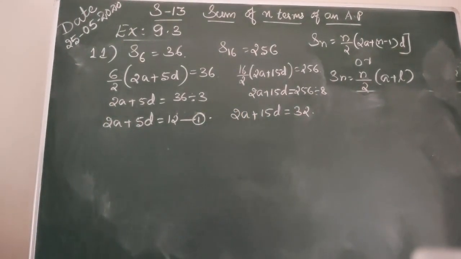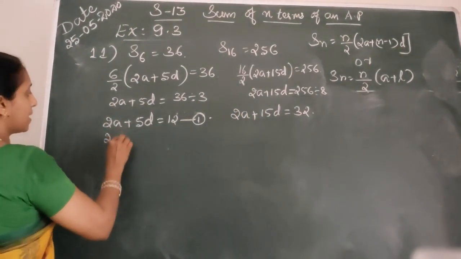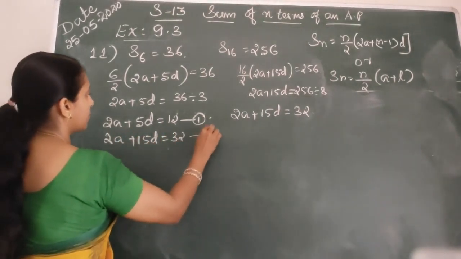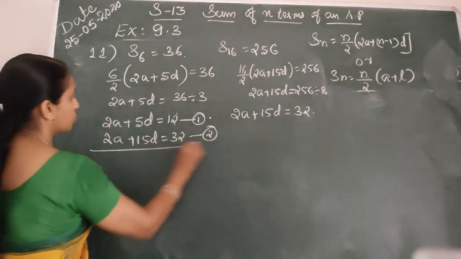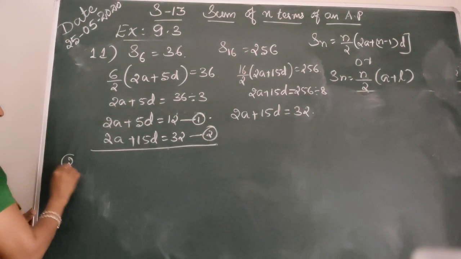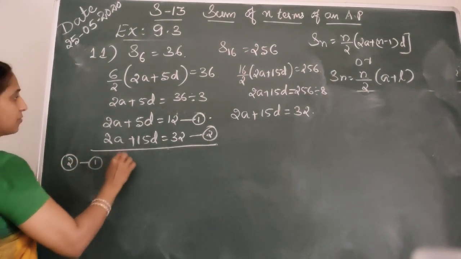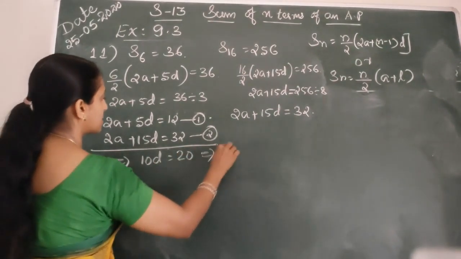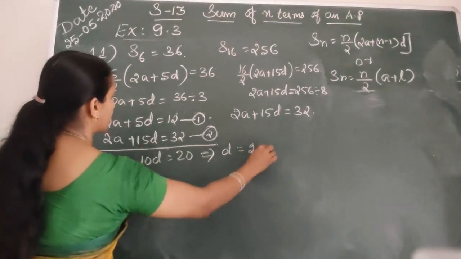So we got two equations. 2A plus 5D equal to 12 and 2A plus 15D equal to 32. If you are subtracting equation 1 from 2, A will cancel. So you will get 10D equal to 20, which implies D equal to 2.